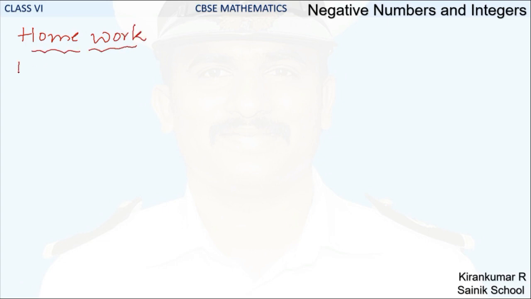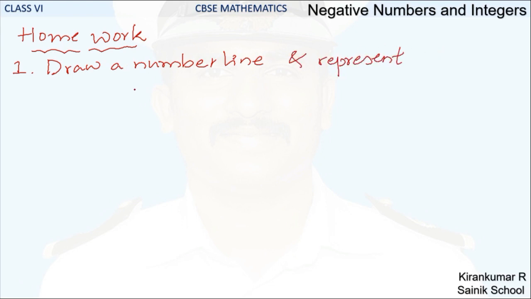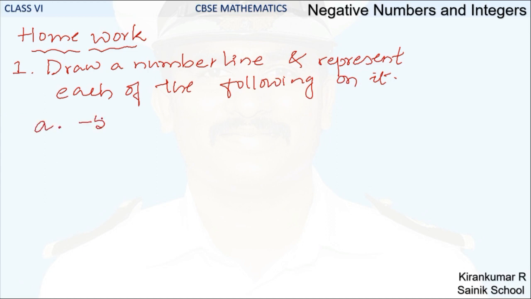The first question for you is to draw a number line and represent each of the following on it. First one, negative 5 added to positive 7.